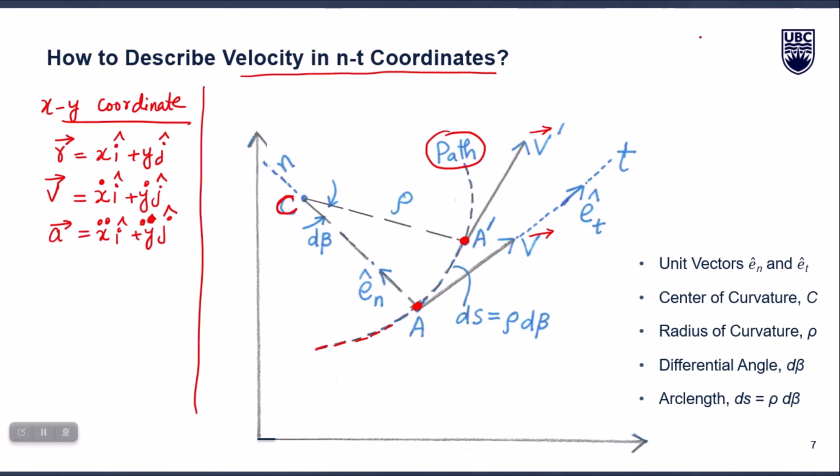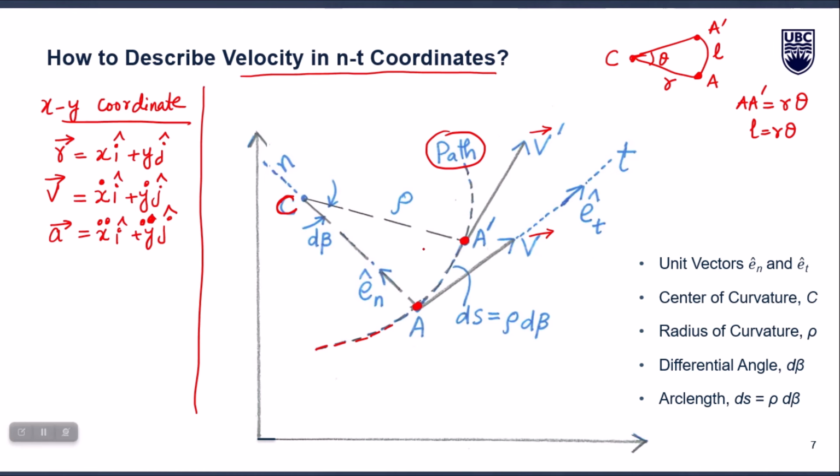We also know that if we have an arc, for example A A prime, and that arc is part of a big circle making an angle theta at the center of that circle, the length of that arc is equal to the radius times this angle theta, right? So if I call this distance from C to A as r, then the length of this arc A A prime will simply become r times theta, or if I denote it with small l, then l will simply be r times theta.